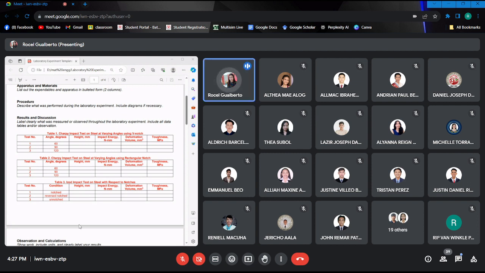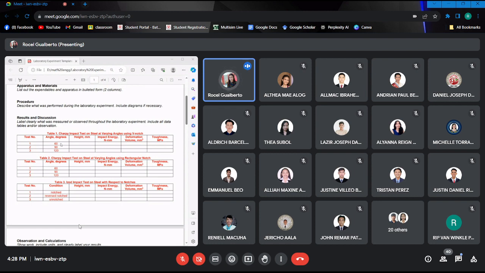Hello. Okay, so let me continue. Again, from the angle, you compute for the initial position. Then you move the pendulum freely. We let it swing until it strikes the specimen. We will observe its final position, at what angle, and with that angle we convert it to the final height.